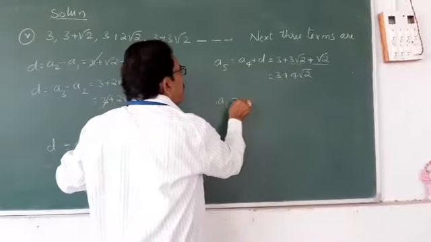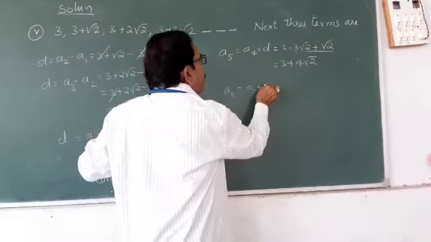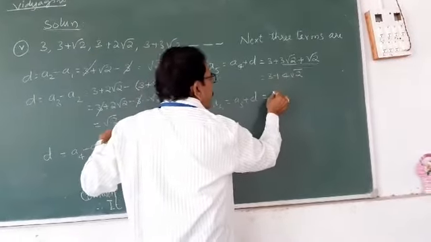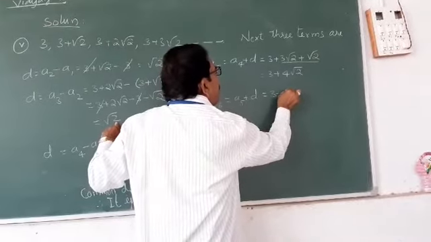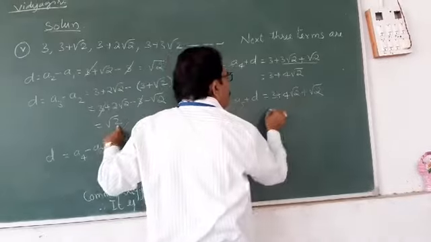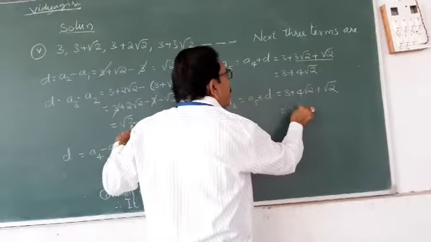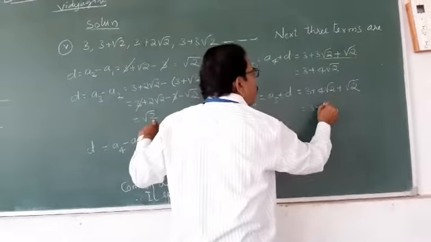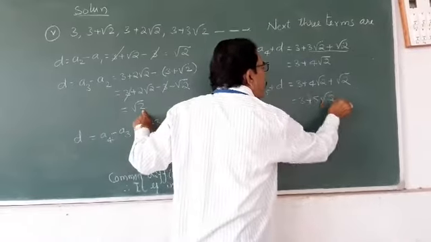Then a6 equals a5 plus d. a5 is 3 plus 4 root 2, plus root 2, that is 3 plus 4 root 2 plus 1 root 2, that is 5 root 2.